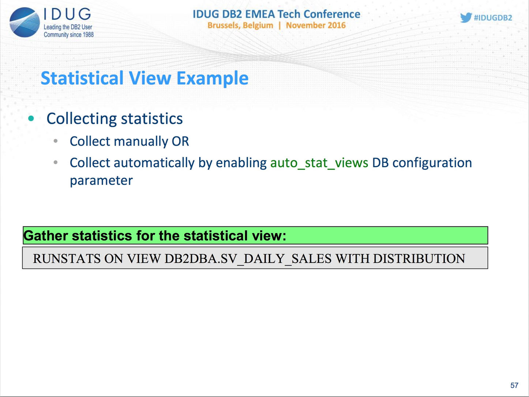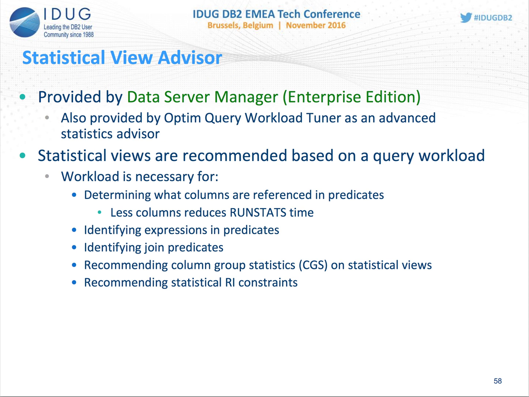And that's about all I'm going to be able to say on that particular topic, other than that deciding what stat views to have is pretty complicated, probably even more complicated than column groups. But luckily, Data Server Manager also has a stat view advisor. And it works the same way as the stats advisor. You just give it a workload of queries, and it will figure out what stat views you should have.